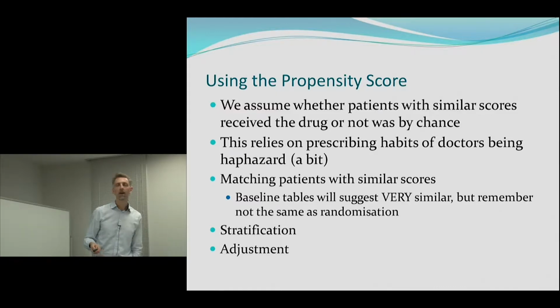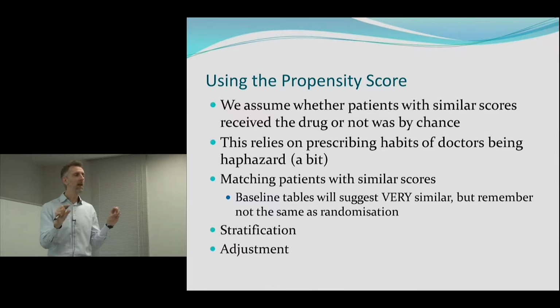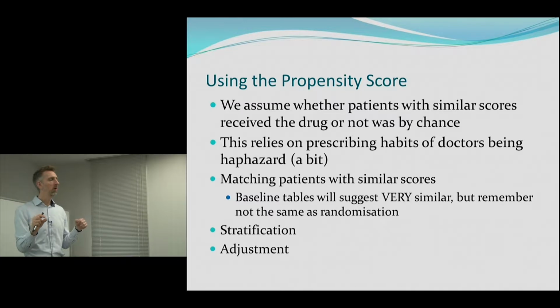Okay. So we've calculated our propensity score, having run this logistic regression model with those 30 variables, and calculated for each individual patient what was their propensity score. We then assume that within a level of the propensity score, whether a patient received the drug or not was purely at random.